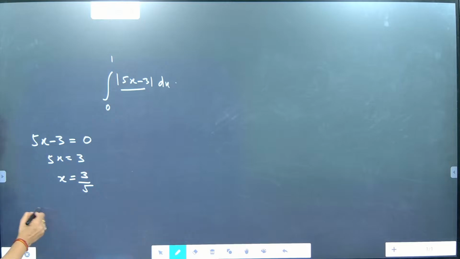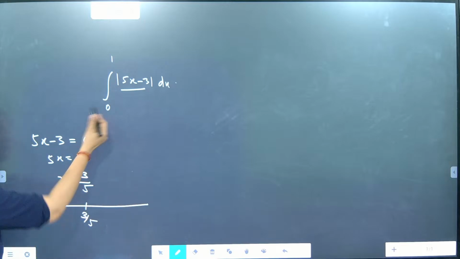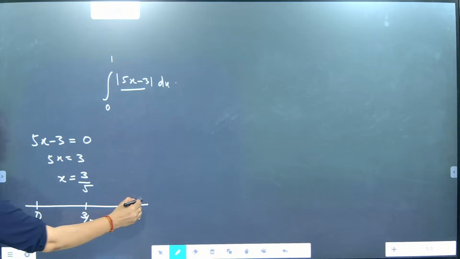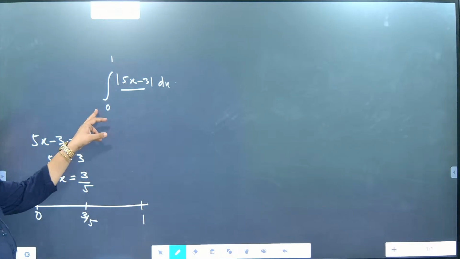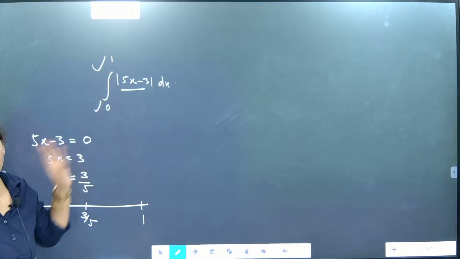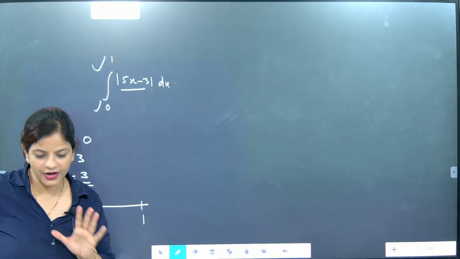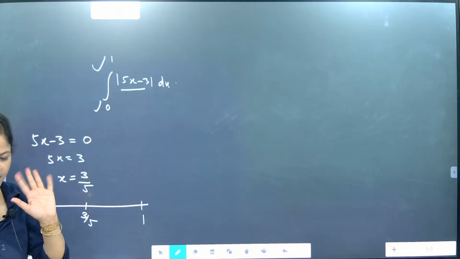Now go for left of 3 by 5 or right of 3 by 5. The lower limit is 0, the upper limit is 1. So in this integral you must remember that 0 is the lower limit and 1 is the upper limit.